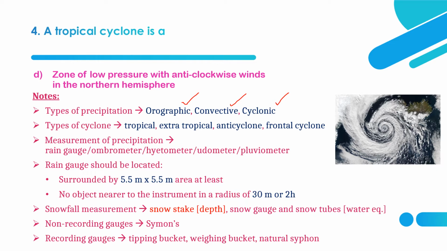When we draw a diagram, this is the windward side and this is the leeward side. Precipitation occurs on the windward side only, and on the leeward side there will be very little or none.